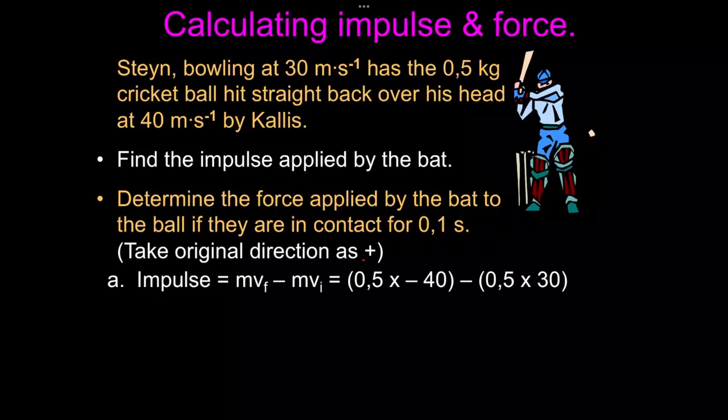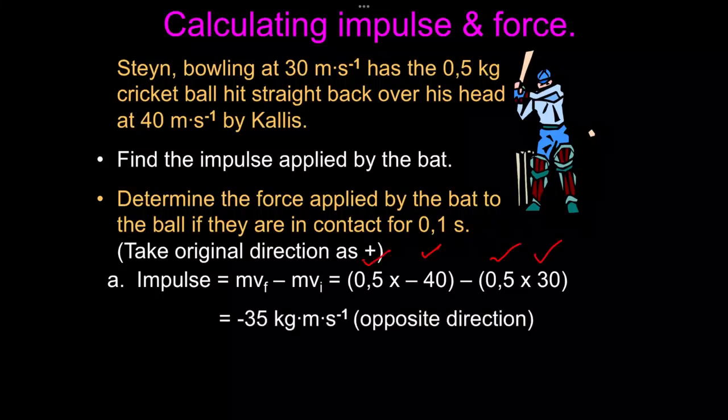That is why we have 0.5 multiplied by minus 40. The mass is still 0.5, and its initial velocity is 30 meters per second in the original direction, which we are taking as positive. If you put that in your calculator, you should get minus 35 kg meters per second, in the opposite direction.